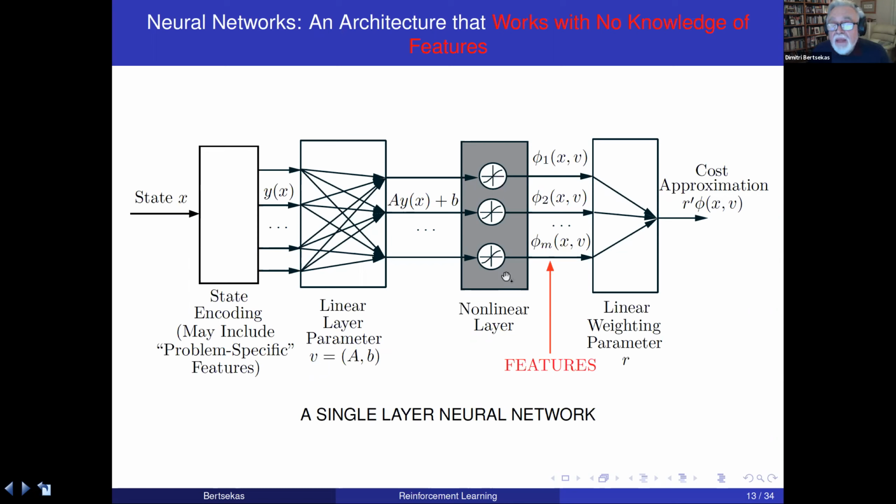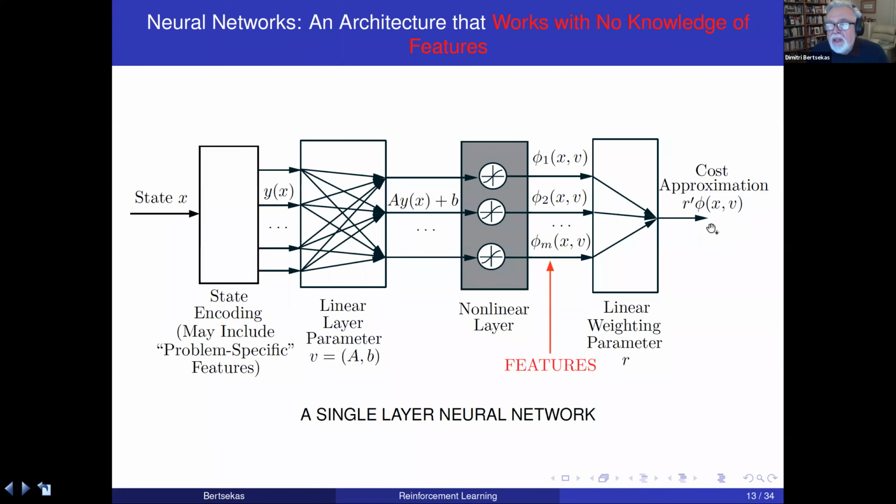And at the output of the nonlinear layer, we have M scalars that depend on X and a parameter vector. Now, we view this as features, M features of the state. And we combine these features linearly by taking an inner product with a parameter vector R. These are linear weights that weigh the components of this feature vector, okay?